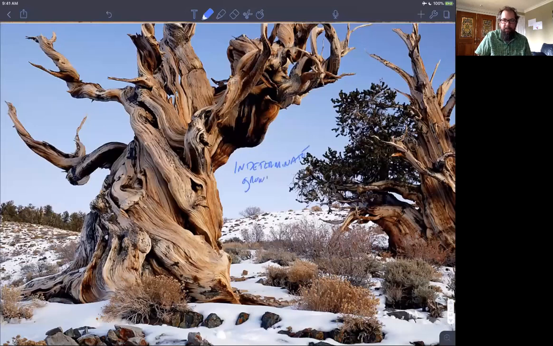And what do I mean by indeterminate growth? That means that plants grow throughout their lives. So unlike most animal systems, which grow to a certain point and then stop growing at maturity, well, some of us grow in other dimensions, but in essence, my growth is done. Plants grow throughout their lives.